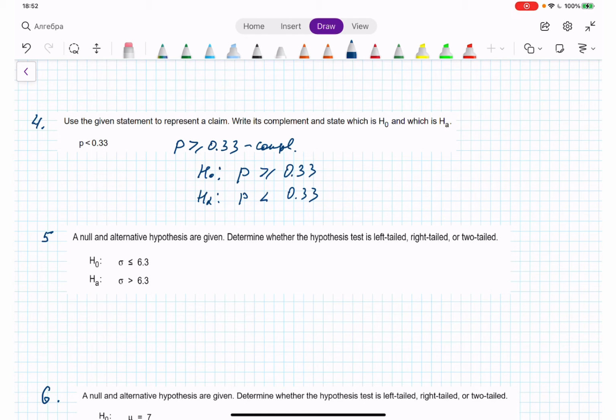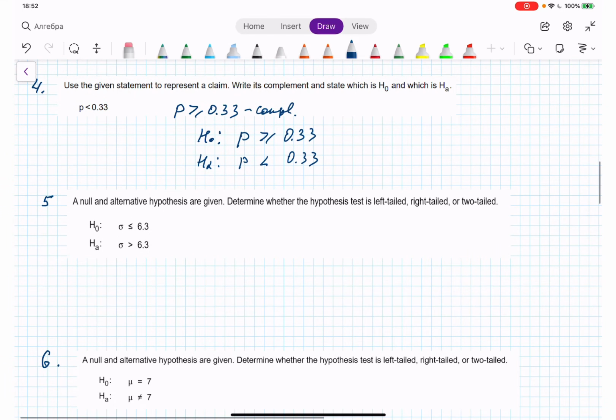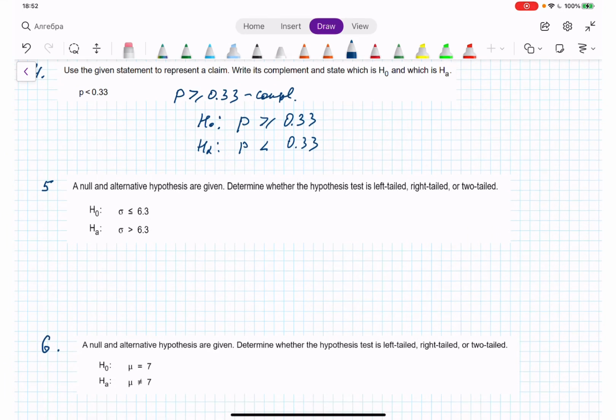Okay, next question, number 5. A null and alternative hypothesis are given. Determine whether the hypothesis test is left-tailed, right-tailed, or two-tailed. We identify the tail based on the alternative hypothesis, right?